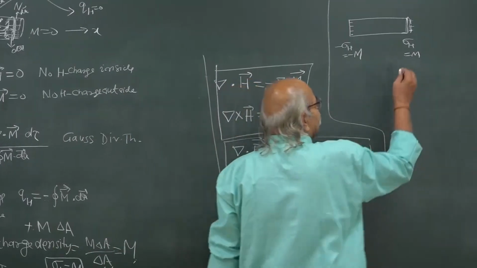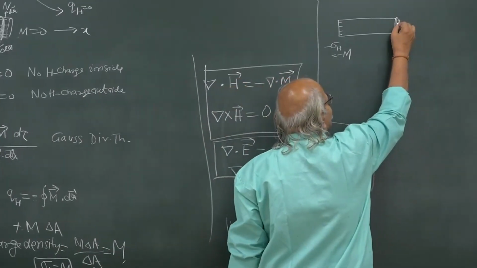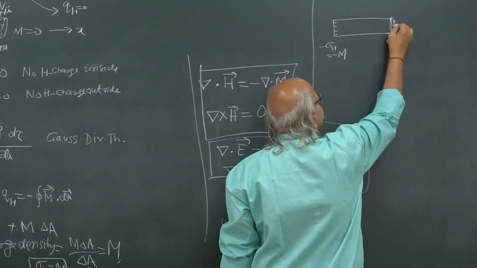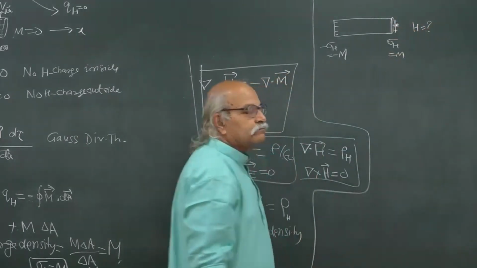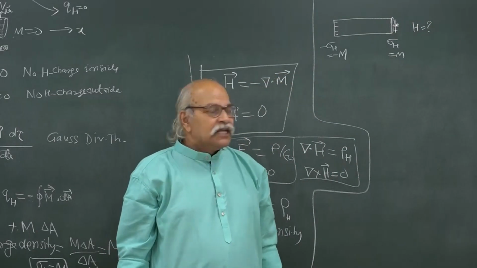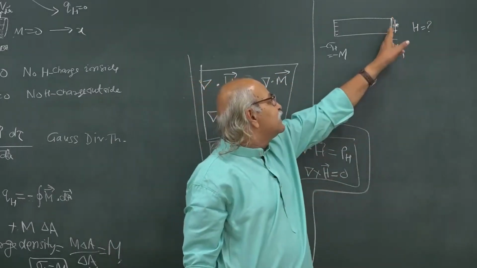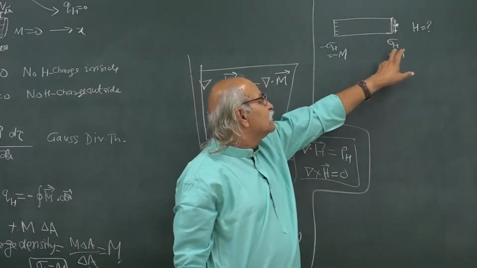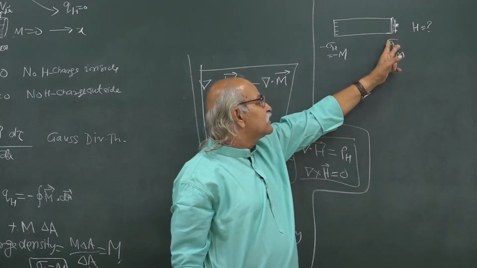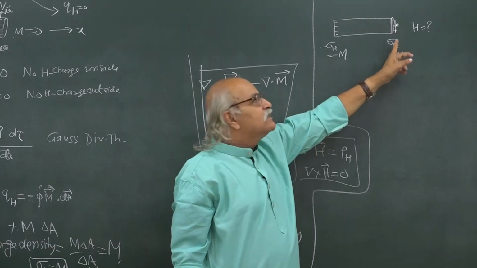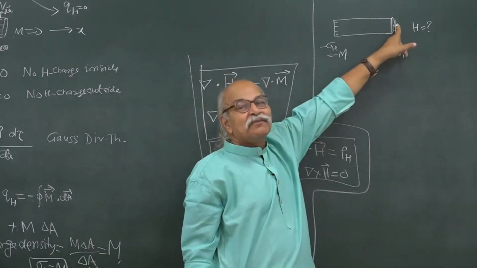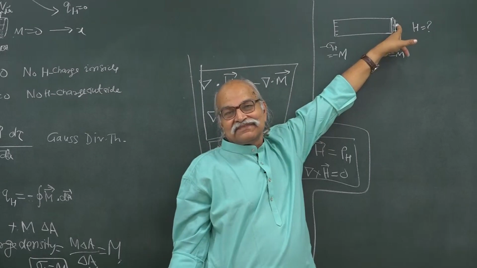Suppose I need H field just outside here, what is H? We know if you have a surface charge density on a surface, sigma h or capital M, then just outside it will be sigma by 2 epsilon naught, right.